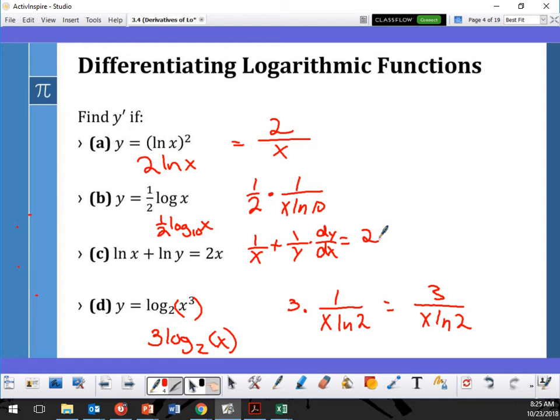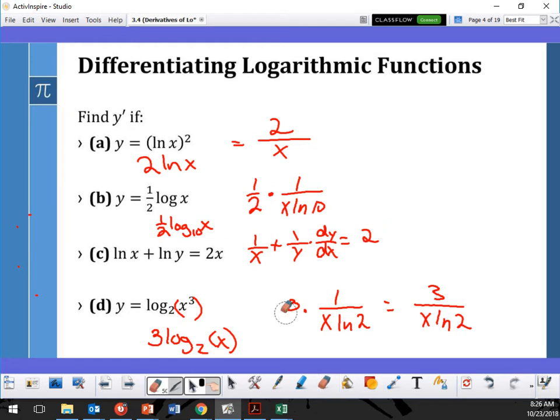Are we okay here? That step right there is actually going to be helpful for a lot of the things that we're going to do, because we're going to solve some crazy stuff here in a little bit. Alright, so given that information, to do the derivative I need to get the dy/dx by itself, right? So I'm going to do some algebra and move this to the other side.